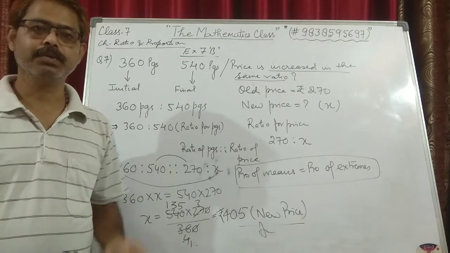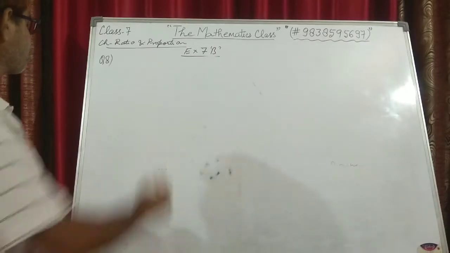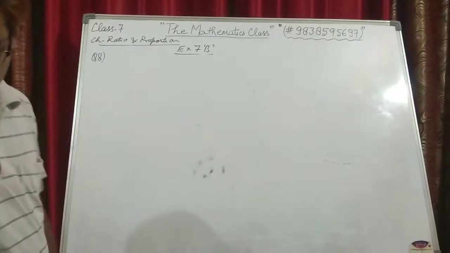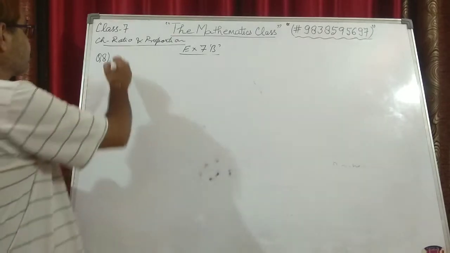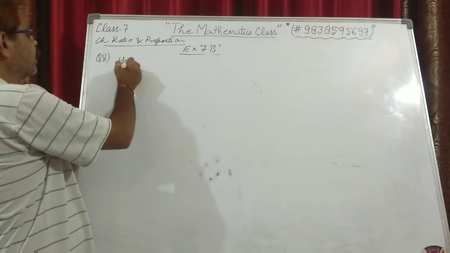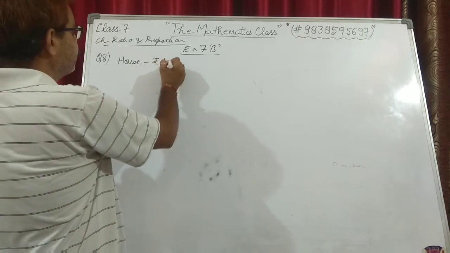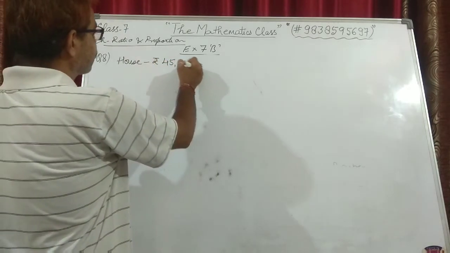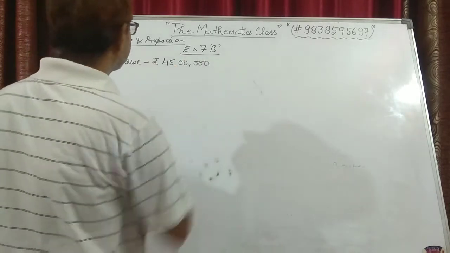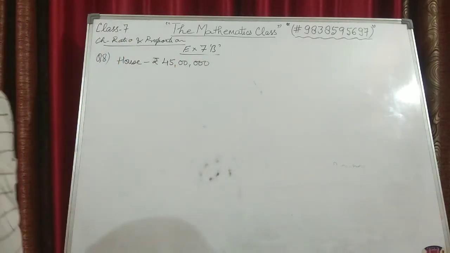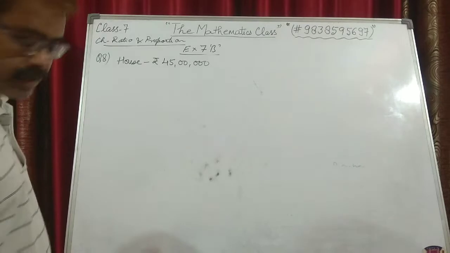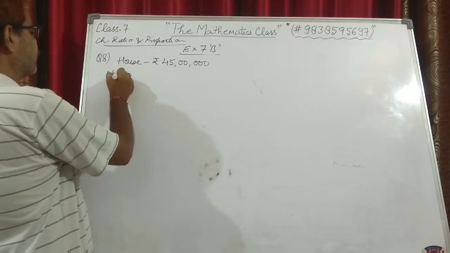Now we move on to question number 8. Two friends bought a house for rupees 45 lakhs. They are Neeraj and Sanjeev.